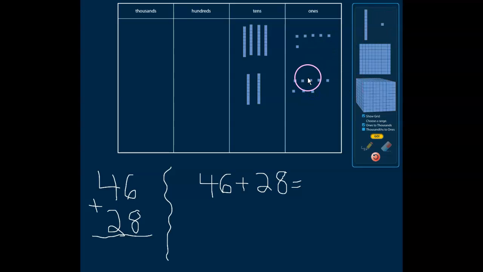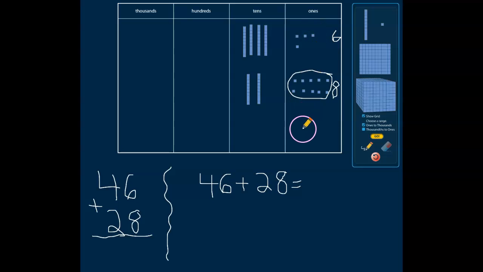Okay, first things first, add my ones, and I know that I have 6 plus 8. Well, I can use previous strategies learned, like compensation. If I were to grab 2 from here and bring them over to the 8, I just made myself a 10, which means that 6 plus 8 equals 10, 11, 12, 13, 14.